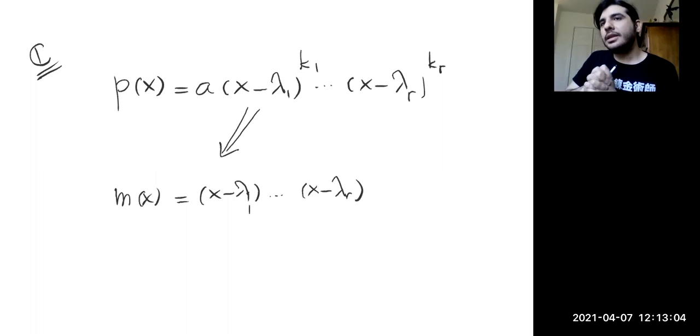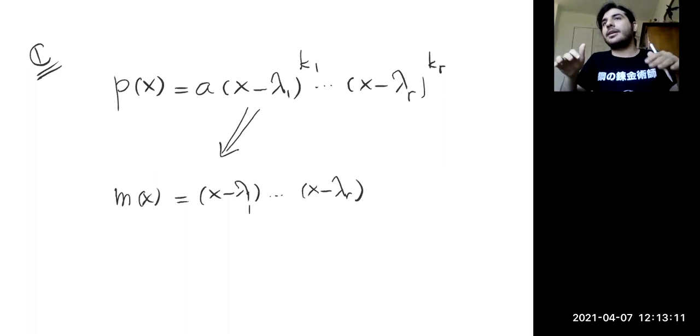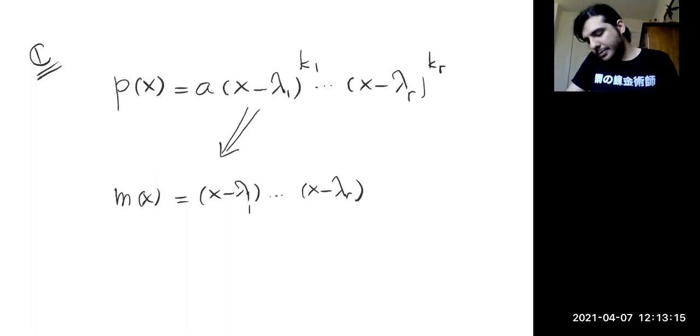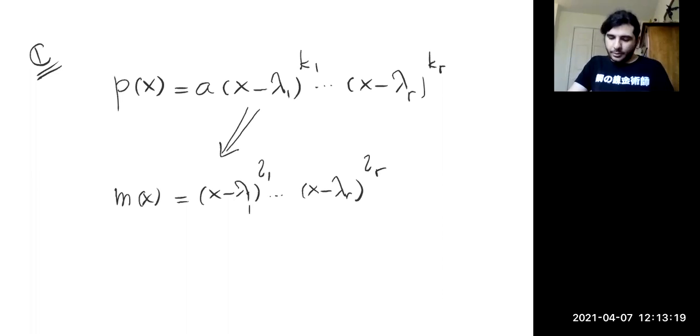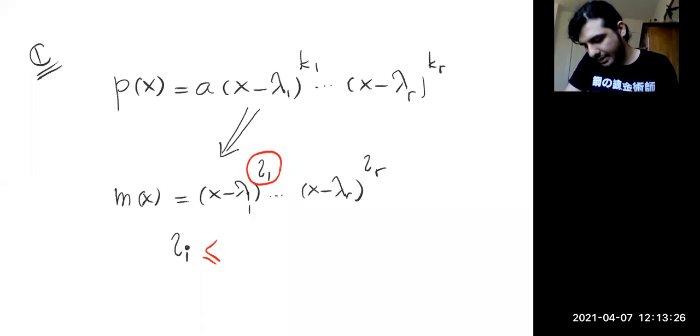I'm claiming the converse is also true: all the eigenvalues appear in the minimal polynomial. But they might appear with a different power, and the power Li which appears there is always less than or equal to Ki.